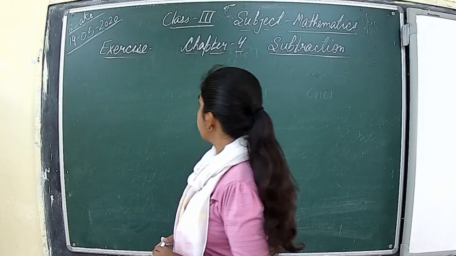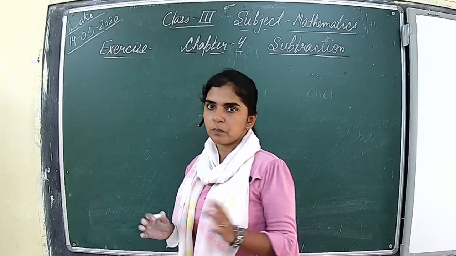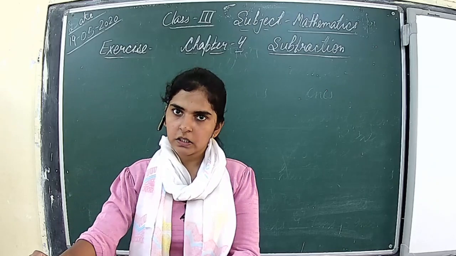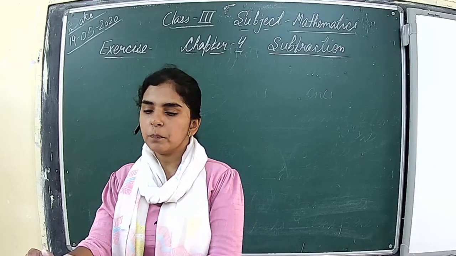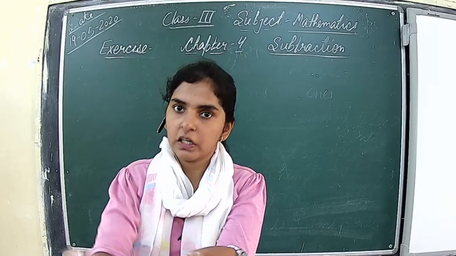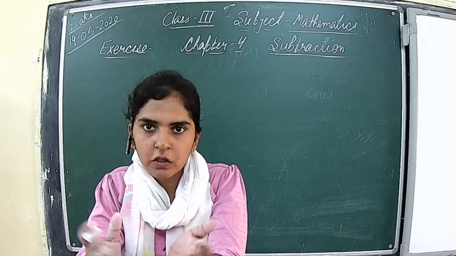We have completed up to exercise number 17 in our previous class. So today we will start exercise number 18. In the previous exercise we studied decomposing. What is the meaning of decomposing?